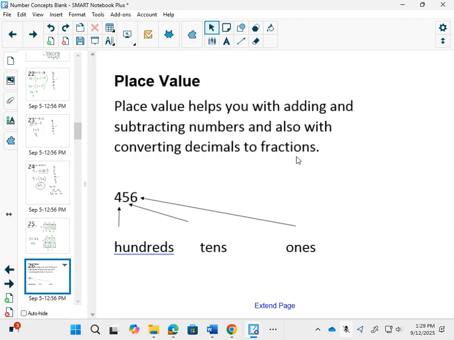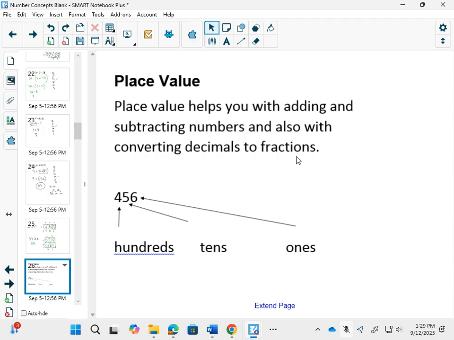Because after 10, some languages say 10 and 1, 10 and 2, 10 and 3, until they get to 20, and then they don't have a special word for 20, they just say 2 tens. Like, if in English we could have said 4 hundreds, 5 tens, and 6 ones, maybe things would be easier. But instead, we don't say 10 and 1, we say 11.